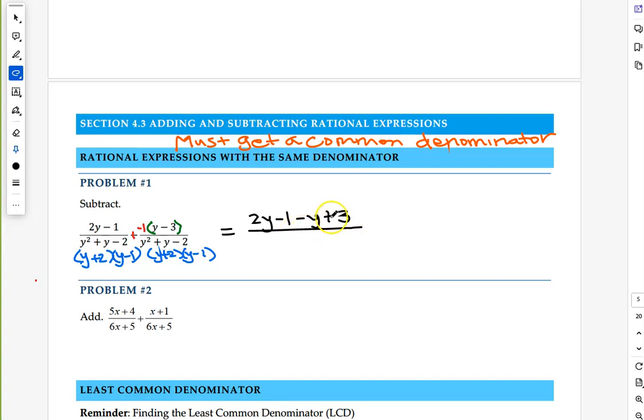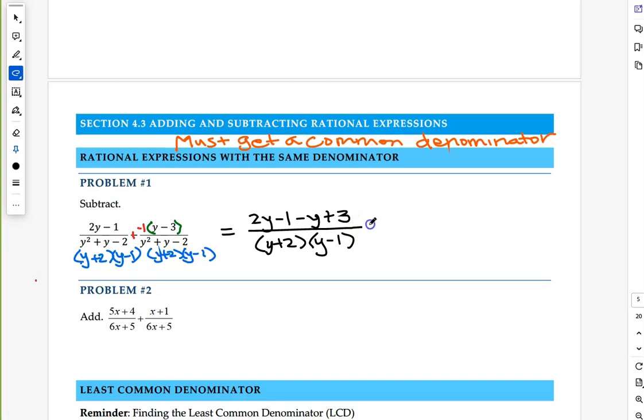Oftentimes it's that last part, that plus 3. A lot of times students leave it as that minus 3 because they forget they've got to change both of the signs there. Then we have a common denominator already, so I'm going to write that common denominator here that we found: in one parenthesis, y plus 2, and in the other parenthesis, y minus 1.